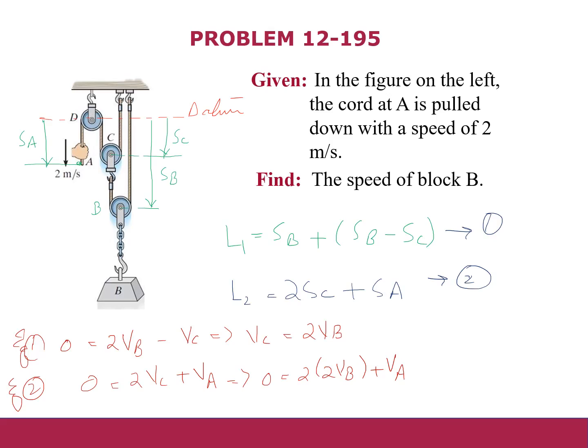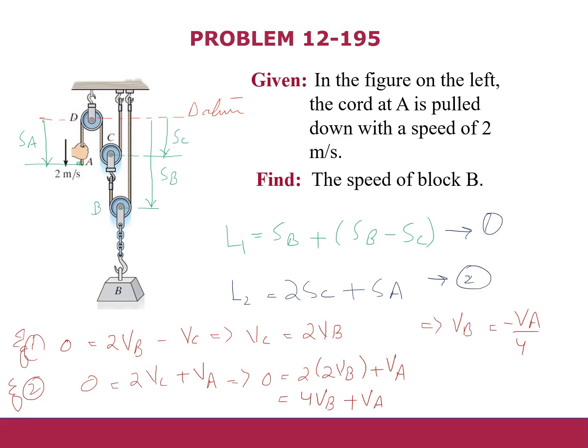So on solving you will get 4VB plus VA, and you have to calculate this speed, so this will become VB equals minus VA divided by 4, right?